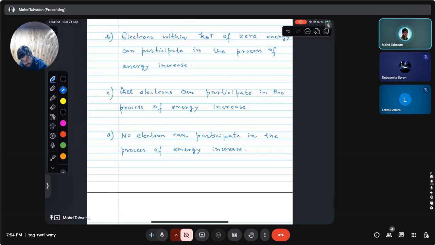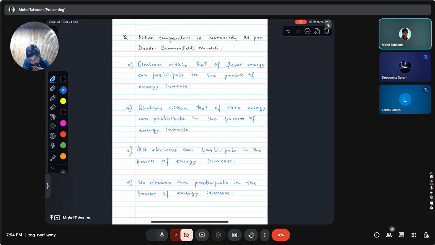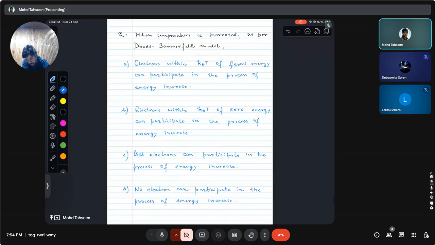So which of these is true? Basically, what happens if we consider the Drude-Sommerfeld model and we allow the temperature to increase.